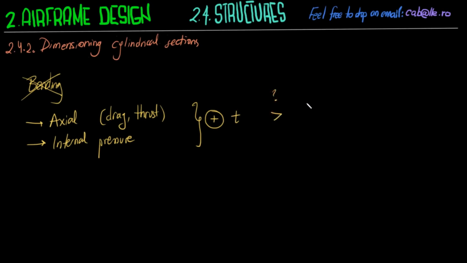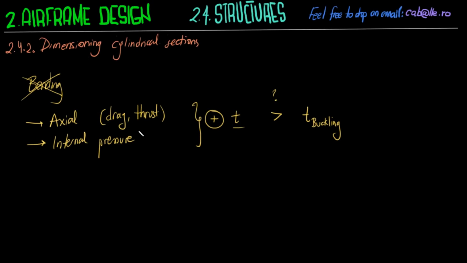If this thickness is larger than the minimum thickness at which the structure buckles, we'll call it buckling, then we'll just stay with this. And if the buckling thickness is larger, then we're going to have to stay with the minimum thickness due to buckling.